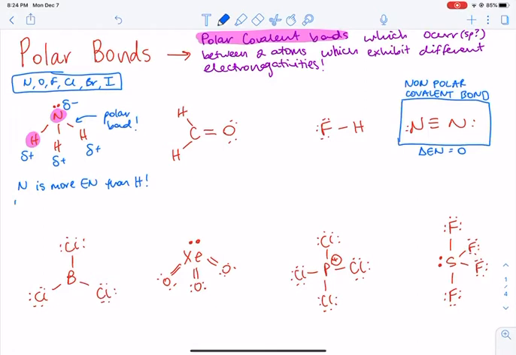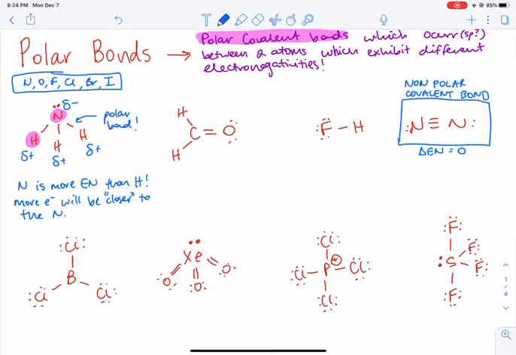That means that more electrons will be closer to the nitrogen. Okay? The nitrogen is more electronegative, which means that it wants those electrons closer to it a greater percentage of the time.